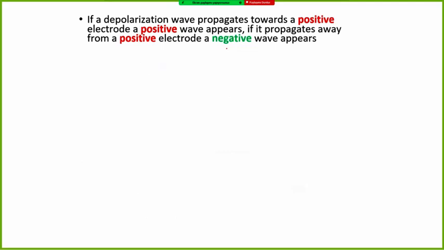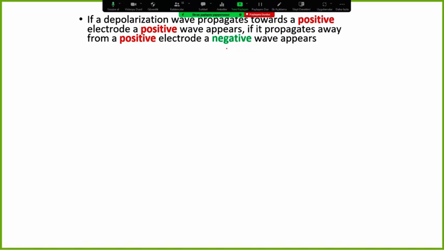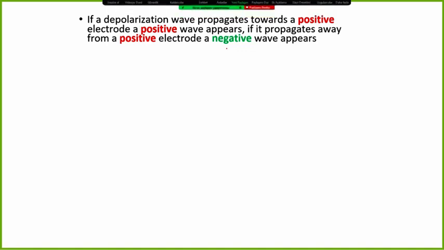So this is for the depolarization. If the depolarization wave propagates towards the positive electrode, a positive wave appears, and vice versa. If it propagates away from the positive electrode, a negative wave appears.